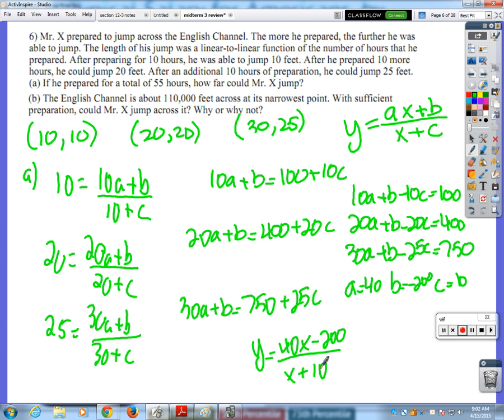55 is for x. x equals 55, y equals 30.77.